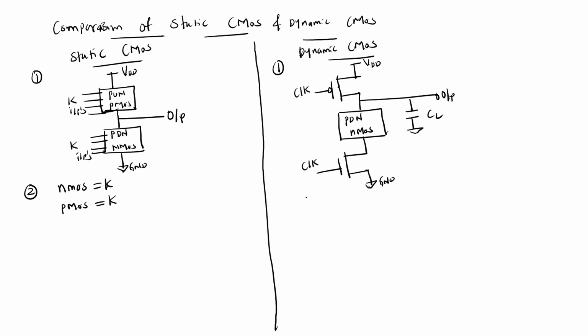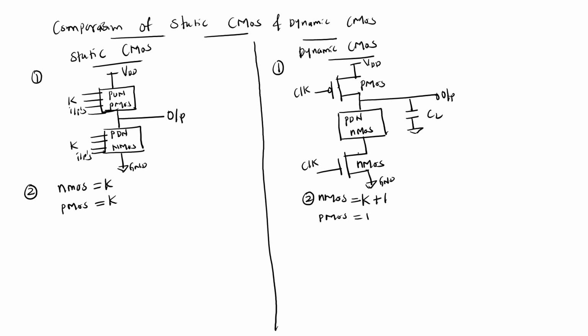For dynamic CMOS, the pull down network has K inputs, and one more NMOS for the clock, so K plus one NMOS. You have only one PMOS as the pull up network, where you give the gated clock.